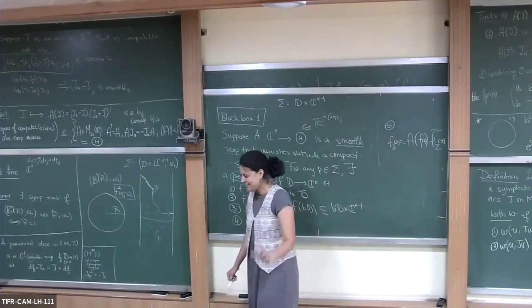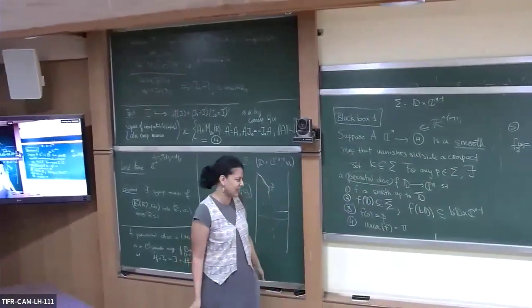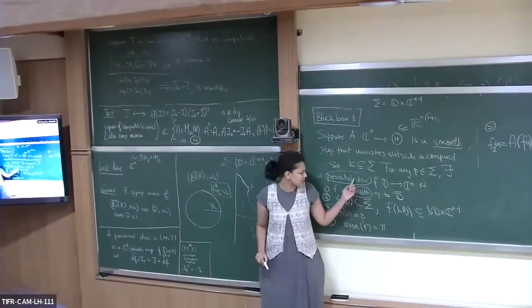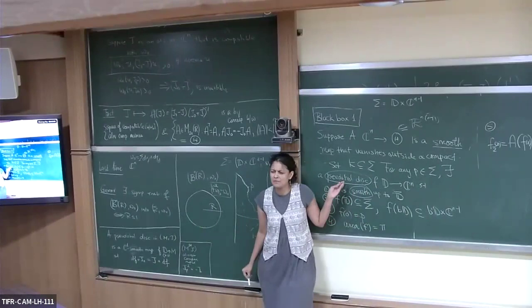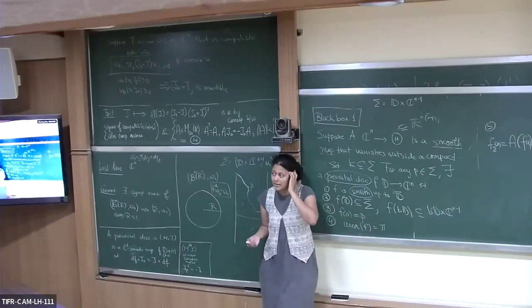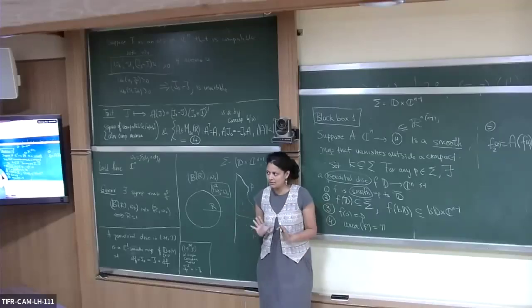If you know anything about elliptic PDEs, this part should not surprise you, because I described pseudo-holomorphic curves as being C1 smooth, but then you're somehow able to amp up the smoothness to C infinity. That is known as elliptic regularity. And if I have time, I don't know how I'll pace these lectures, I did want to give you a sense of how that works in a very special setting.